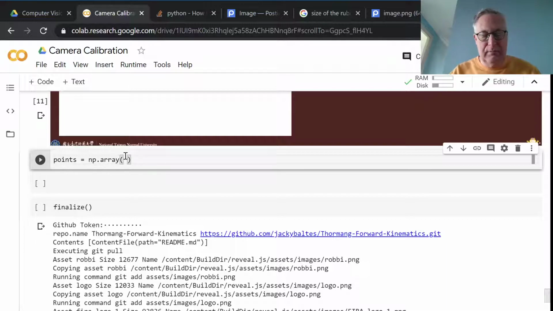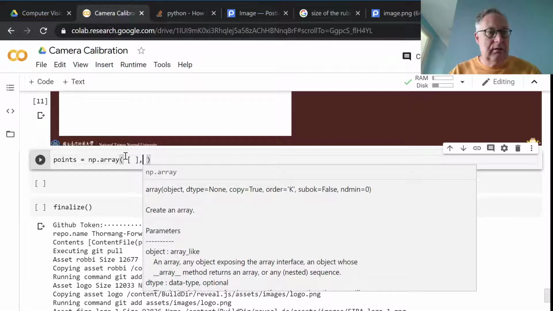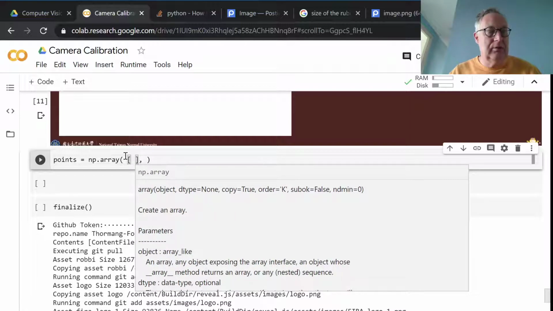I want them as a NumPy array, and each point will consist of 2 entries for the image and 3 entries for the real world coordinate.